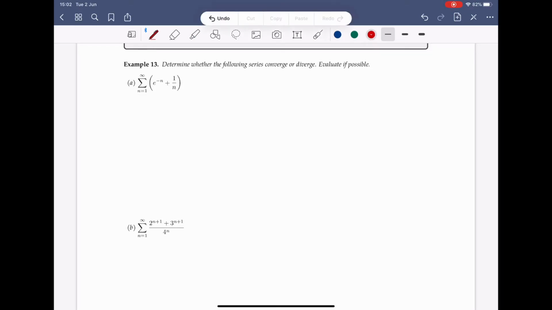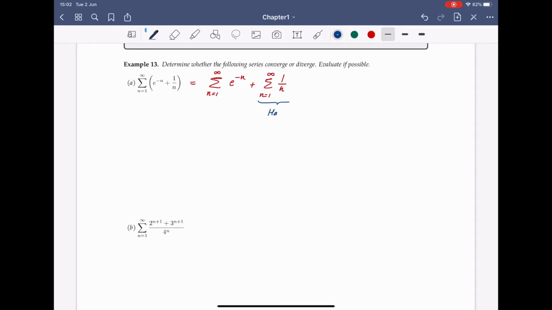We can split it into 2 pieces: the summation of e to the negative n, n equals 1 to infinity, plus the summation of 1 over n, n equals 1 to infinity. Clearly you can see that this is the harmonic series, just 1 over n. So this is divergent.